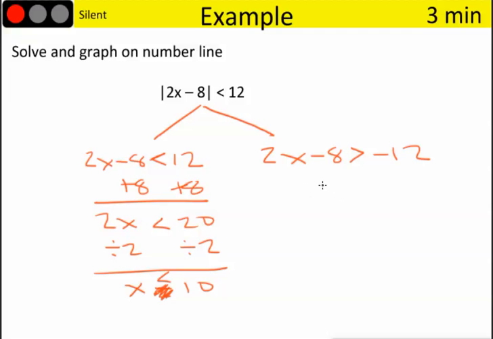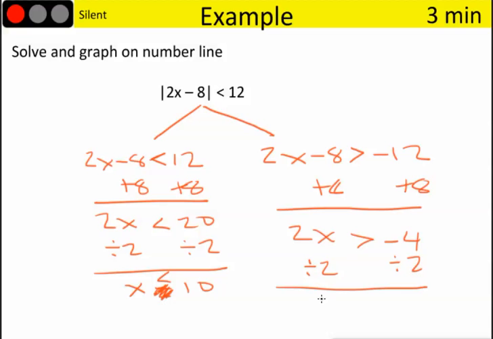So x is less than 10, or x is greater than negative 2.